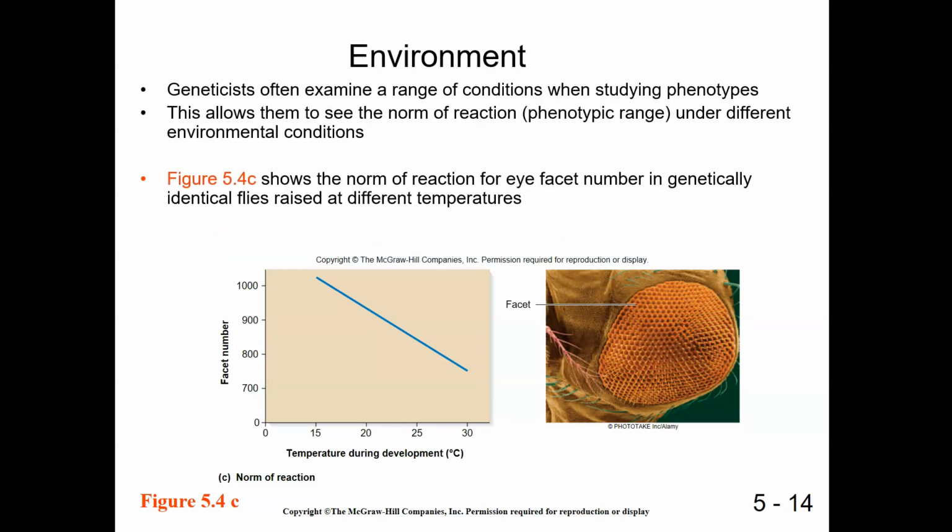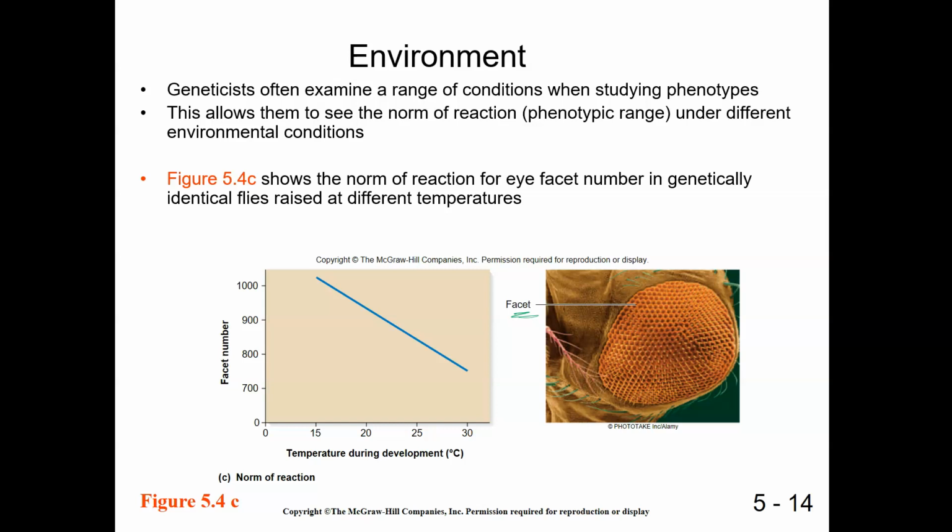Another sweet example here is temperature regulation on the number of facets or ommatidia in fly eyes. Now, how many of us are really that interested in how well flies see? I'm interested because flies' vision helps guide them to your food, frankly.